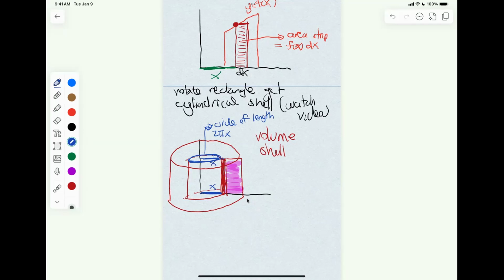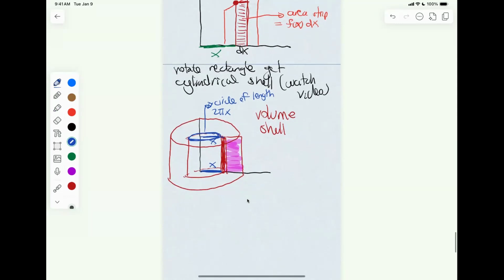So the volume of this shell is the area of this strip times the length that you sweep it out, which is the circumference of the circle. So it's 2 pi x times the area of the strip.